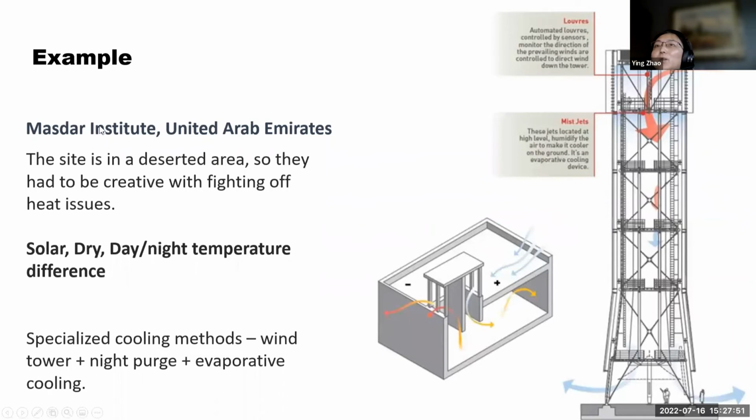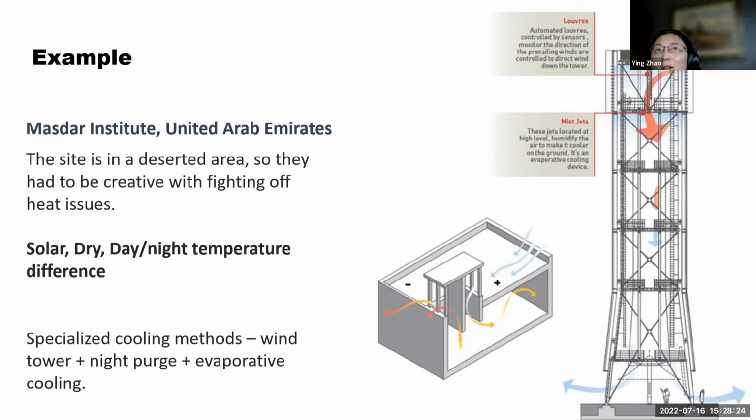Here is an example we use, the Masdar Institute, and we talk about how they have a wind tower, night purge, plus evaporative cooling. They conducted in-depth environmental analysis in the early design phase, including solar studies, wind tunnel testing, and energy simulation.